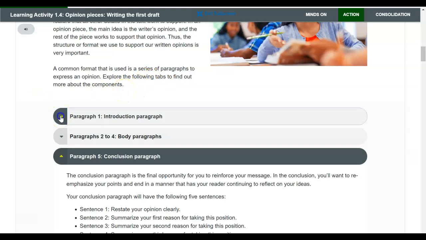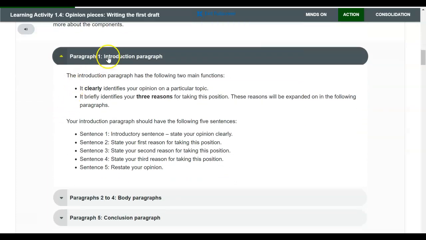You can see here when you press down on anything, it will tell you clearly what the introduction paragraph is. It clearly identifies your opinion on a particular topic, and it briefly identifies your 3 reasons for taking this position. These reasons will be expanded on in the following paragraphs.